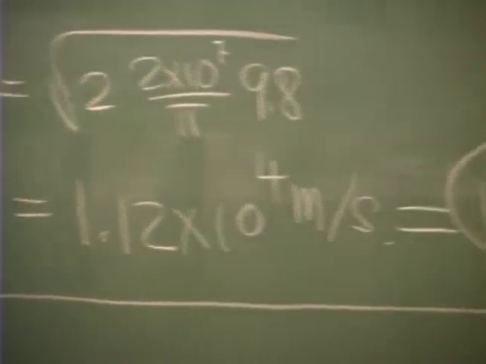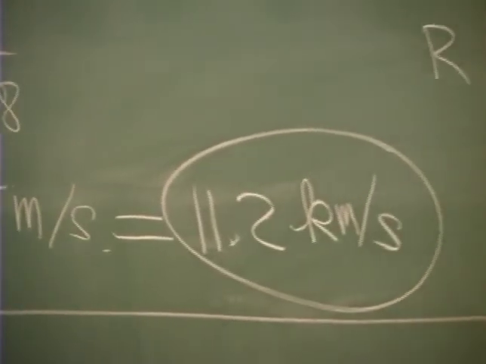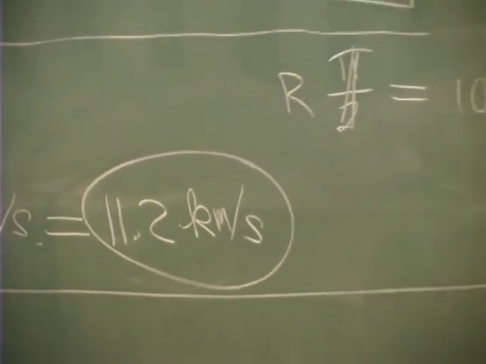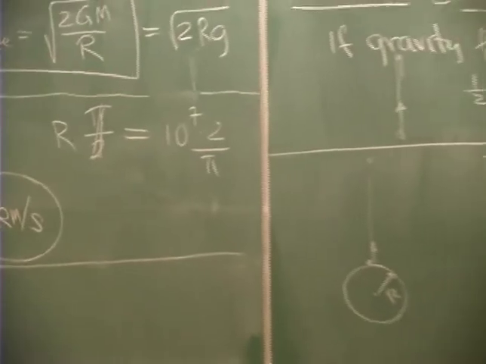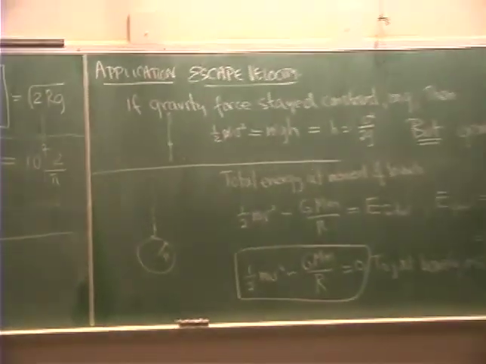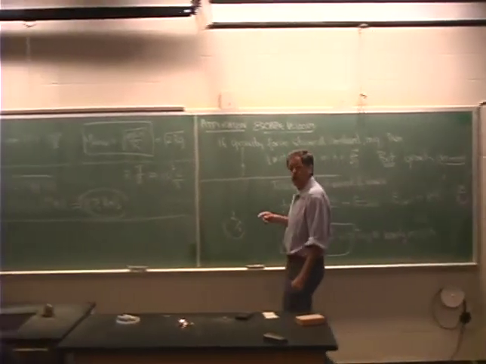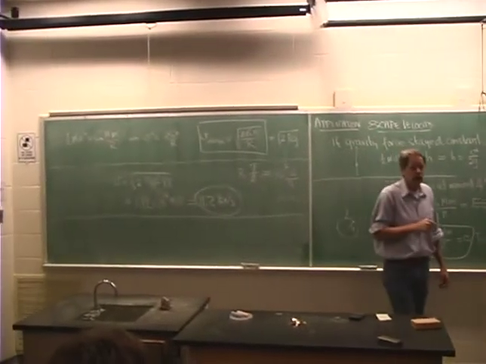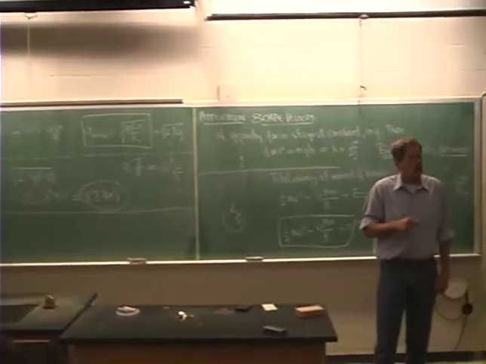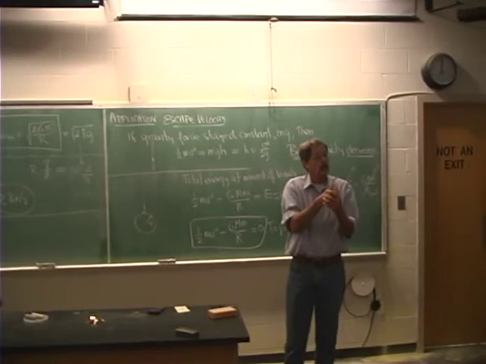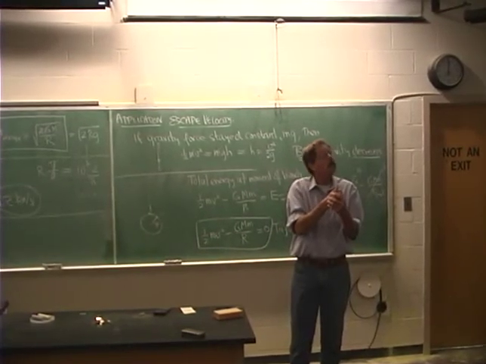In the early 19th century, Laplace speculated on the following interesting question. What if you took the Earth and squashed it down so small that the escape velocity became equal to the velocity of light?